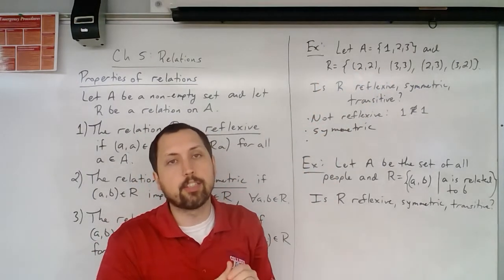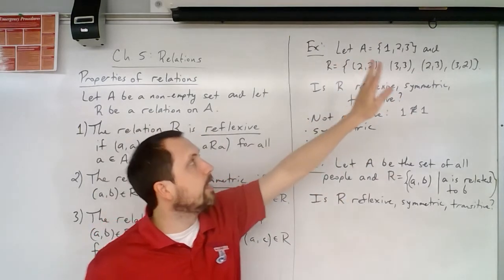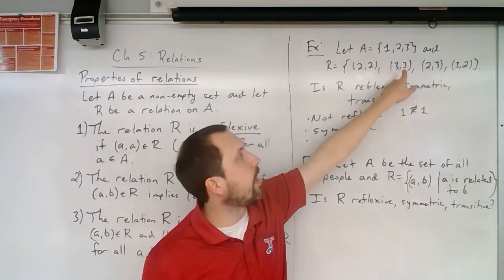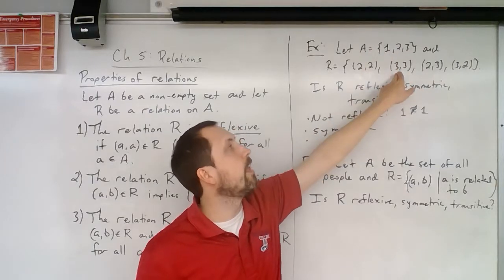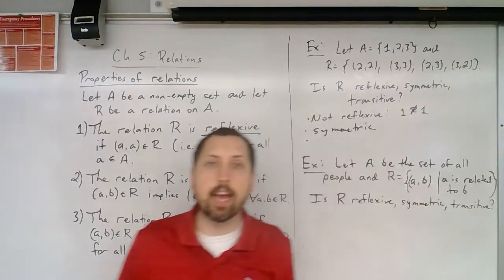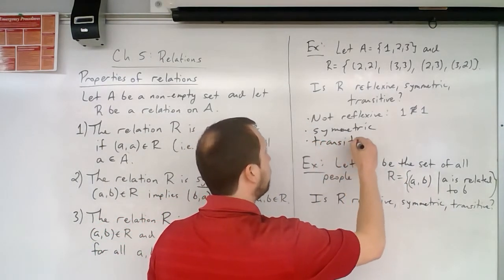So we don't have to think about any scenarios of 2 being related to 1. Same thing here. Now if we think about 3, well, 3 is related to 3. And then we think, is 3 related to anything else? Well, 3 is also related to 3, and 3 is related to 2. Is 3 related to 2? Well, yes. So this is also going to be transitive.